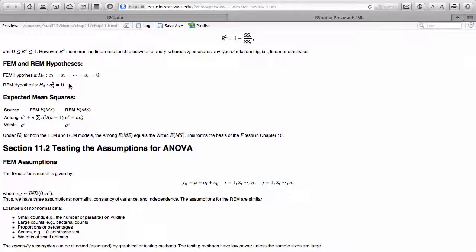The expected mean squares is something that you should learn. Now, again, those expected mean squares get modified if the n sub i's are not equal. But that's a very common case, so I don't want you to go away with the impression that we have to have equal sample sizes. We don't. But there are some adjustments. For example, for the FIM expected mean squared for among, it's an n sub i, not an n, and it goes inside the summation.